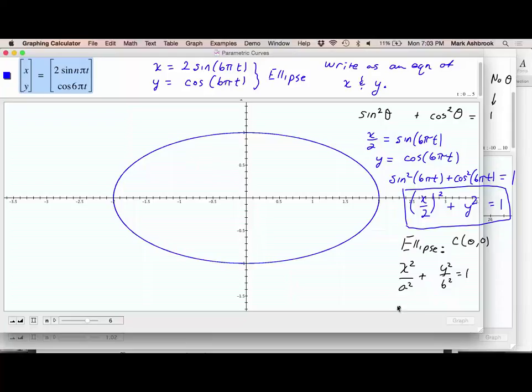So this is a, and this is b. Does it check out with what we got? What do we get for a? 2. Does it check out? Yep. And what do we get for b? 1. It works. Okay. So we look at this and we say, oh, it goes out. The x directrix is 2, meaning half the distance across this way is 2, and then the y directrix is 1.